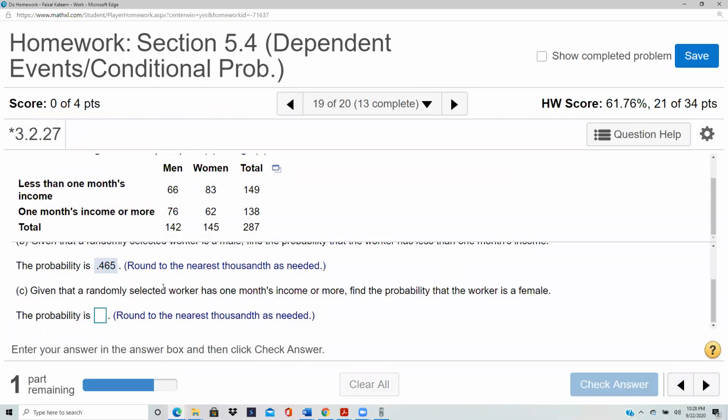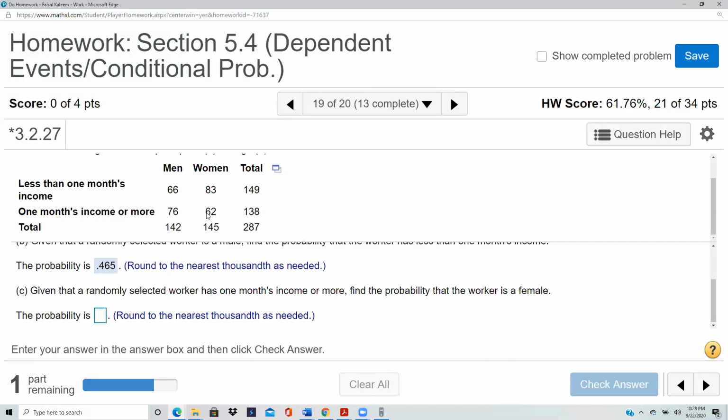Given that a randomly selected worker has 1 month's income or more, so now 1 month's income or more is given, so that's your whole world. So the second row is the only row you look at. Find the probability that the worker is female.